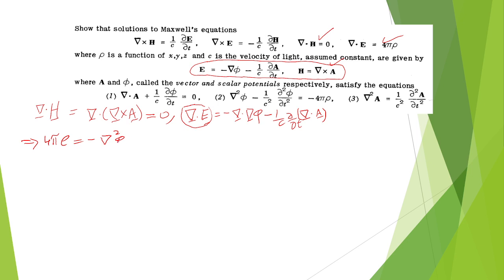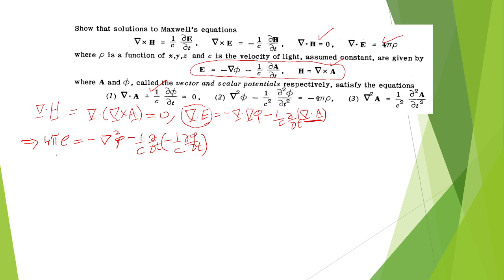And we will put the value of this from this equation. So that is minus 1 over c partial by partial t. The divergence of A is equal to negative of 1 over c partial phi partial t.